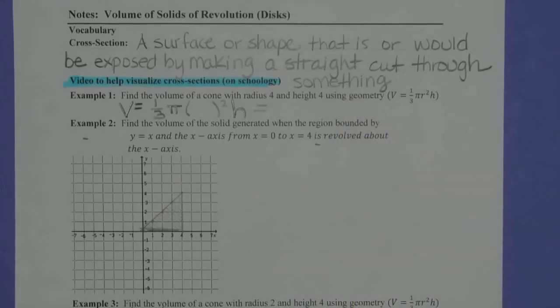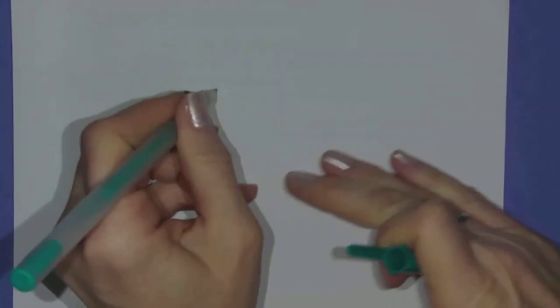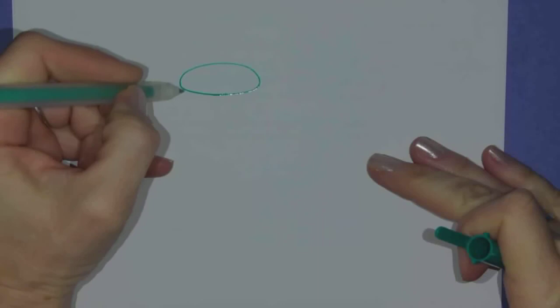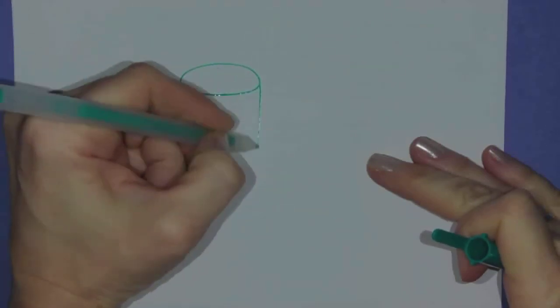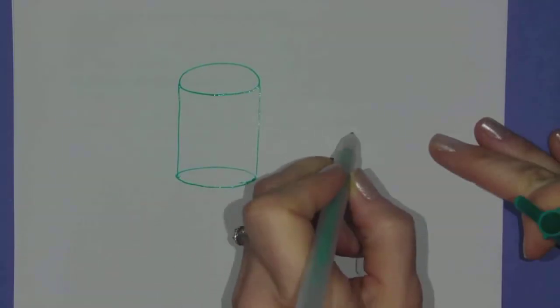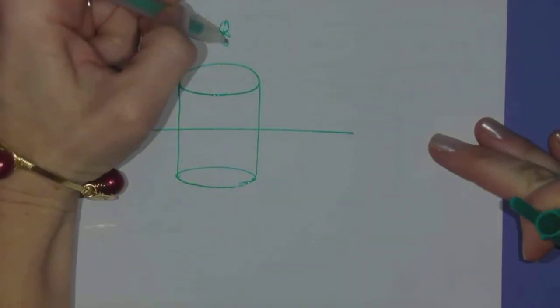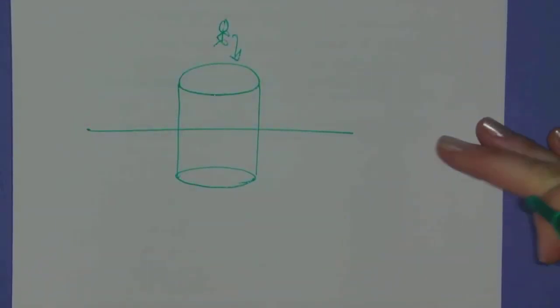So the video that you watched already showed some different objects and their cross-sections. For example, say you had a cylinder that was solid, and you cut right through it, and you were up here looking down in, what would you see?